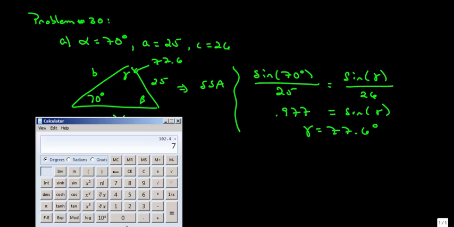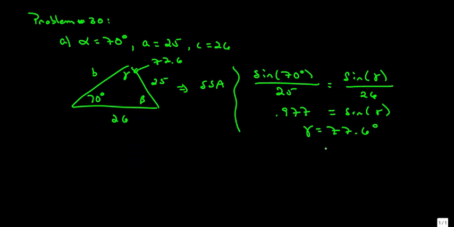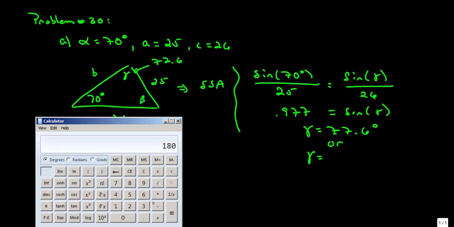Then I'm going to add that to the 70 and see if I'm under 180 still, and I am. So that means 77.6 could be an answer, or 180 minus 77.6, so 102.4.